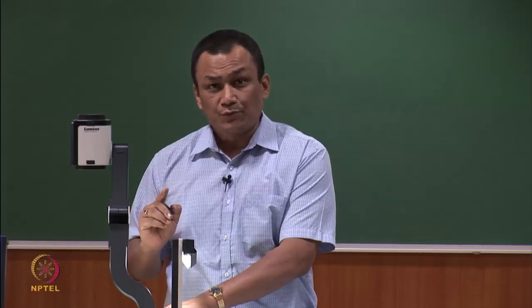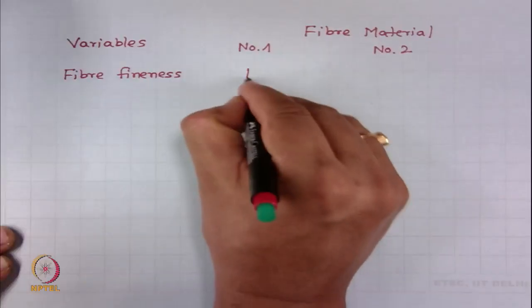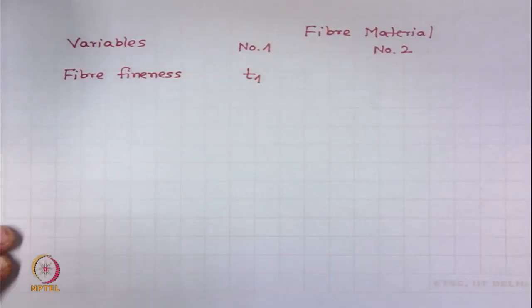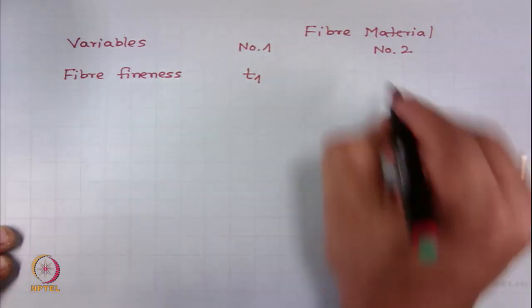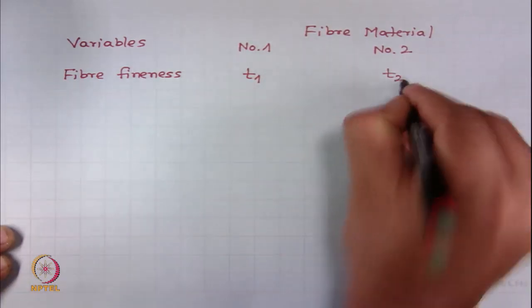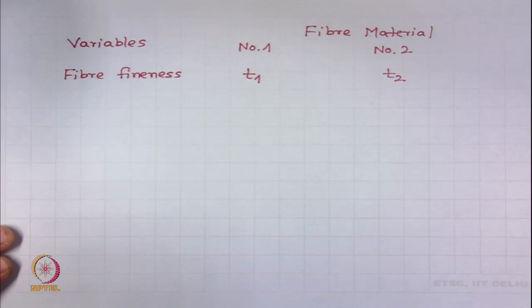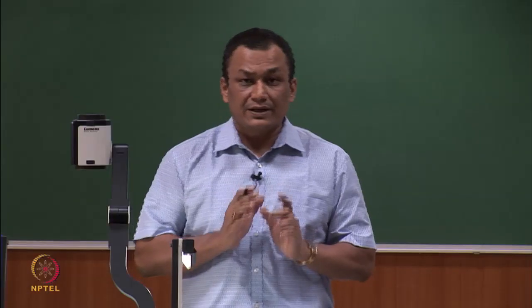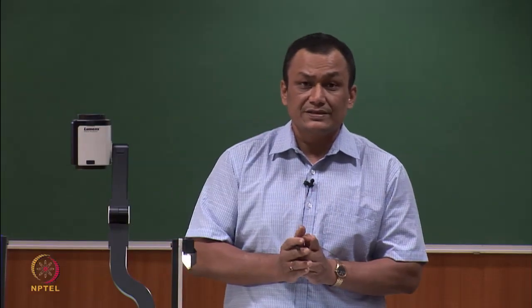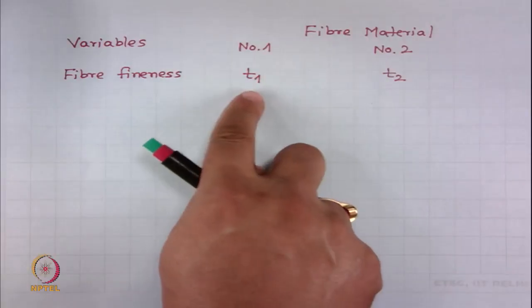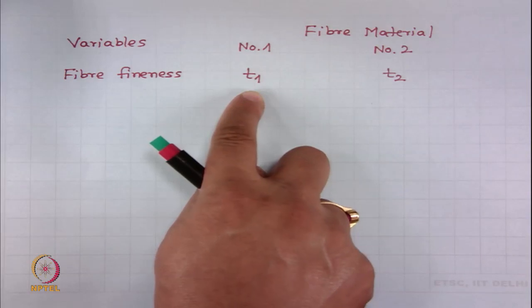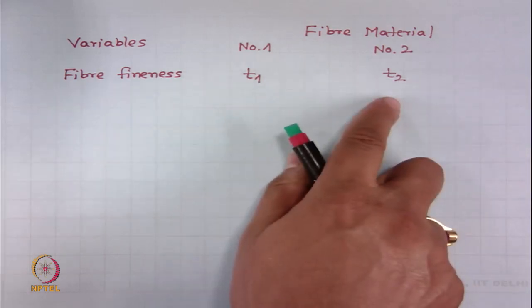For type 1, we will denote it by T subscript 1, for type 2, we will denote T2. As an example, if a fiber bundle consists of cotton and polyester fibers, then T1 may denote the fineness of cotton fiber, T2 may denote the fineness of polyester fiber.